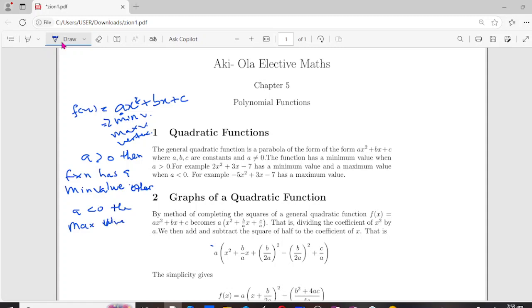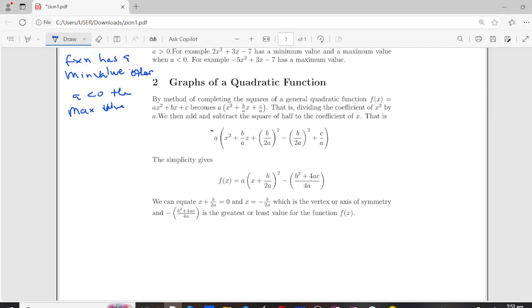So that being said, how do we find the minimum value and then the maximum value and then the vertex of a quadratic function? So we can find these three things analytically, and then we can also graph our quadratic function and then use points to find the vertex and then the minimum or maximum value.